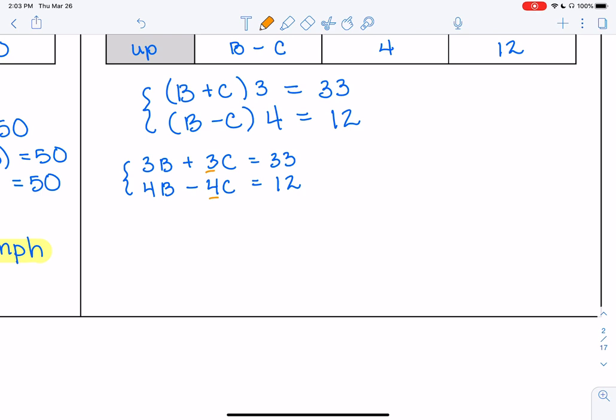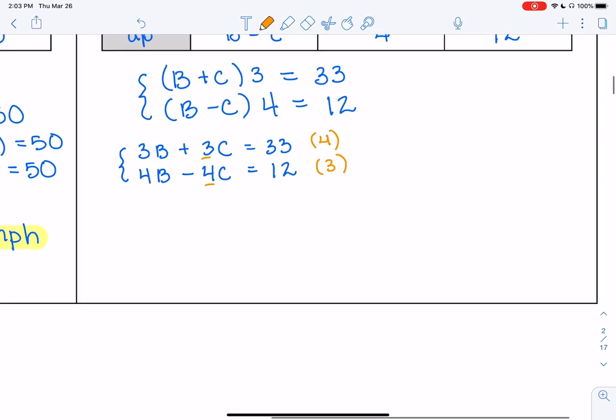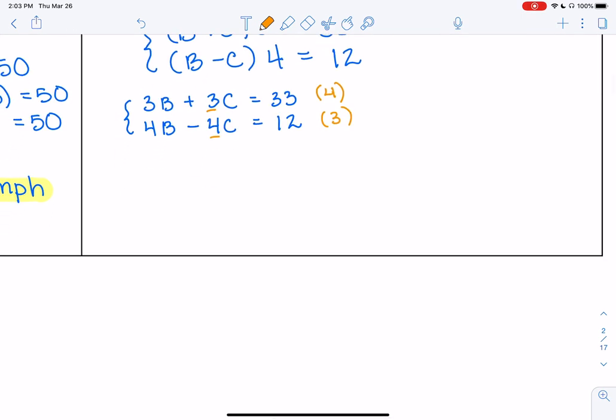That would mean the top equation needs to multiply by 4, the bottom equation needs to multiply by 3. And that way we will eliminate a variable such as c there in the middle. So I'm going to rewrite those equations now that I've multiplied. The top one multiplies by 4, and I get 12b plus 12c equals 132.